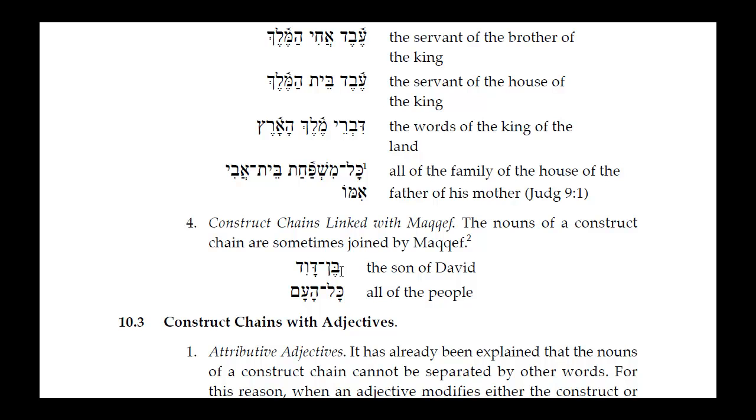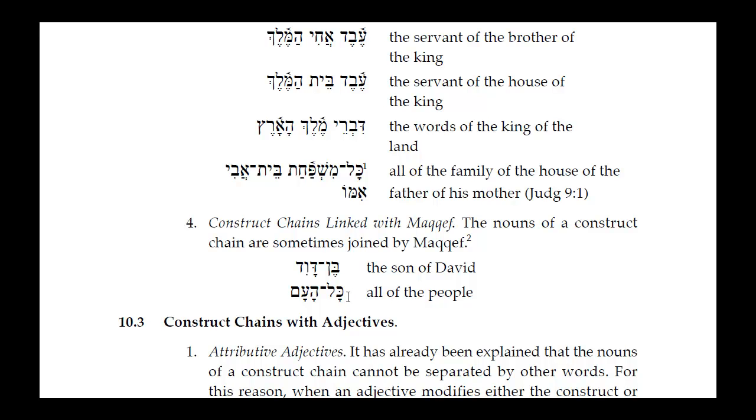Normally, Ben, son, is Ben with a Tzere, but when it is in construct, it reduces down to a Segol under the Bet here. Because whenever a maqaf joins one word to another, the accent shifts from the first word down to the second word. Same thing with Kol Ha'am.